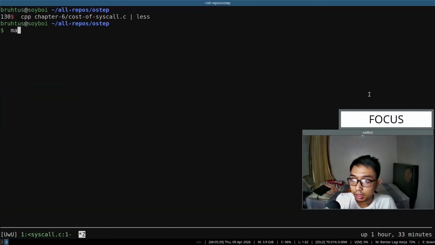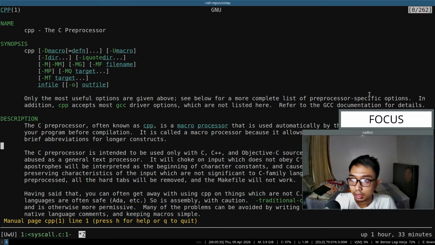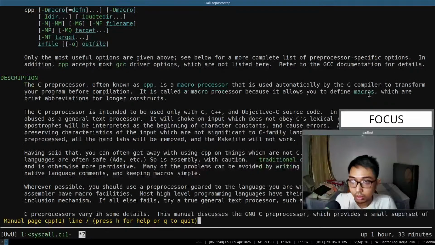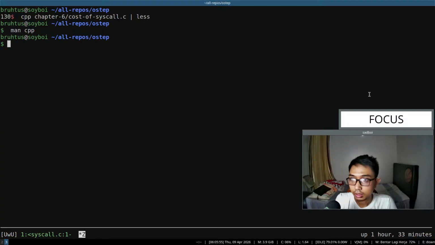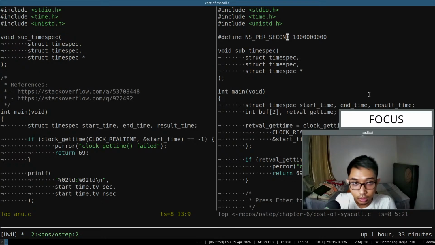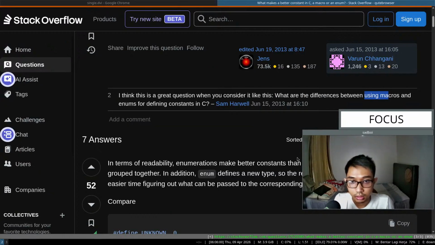And CPP in here is not C++, but the C preprocessor. I usually use this to check whether the macro expansion is correct or not. A macro processor. Just a little bit of information there.